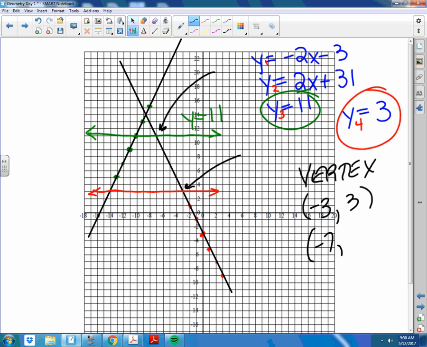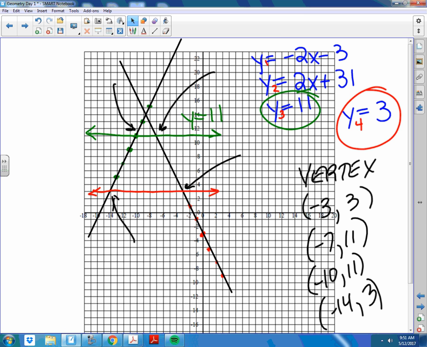Here we have negative 10, 11. And our final vertex right here is at negative 14 and 3. Please make sure you put your X's and the Y's in the right order. Y'all are now basically high school geometry students. Do not mess up the ordered pairs or be prepared for lots of me making fun of you.